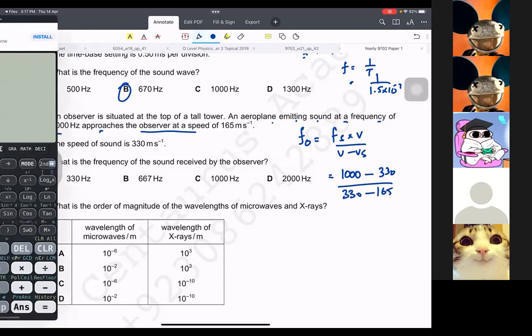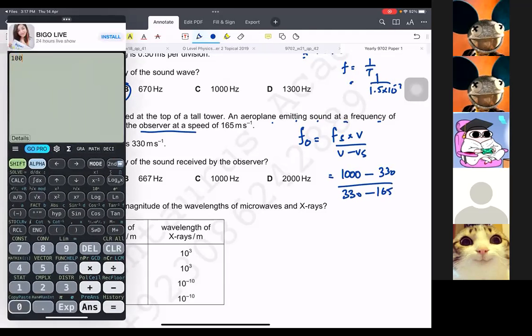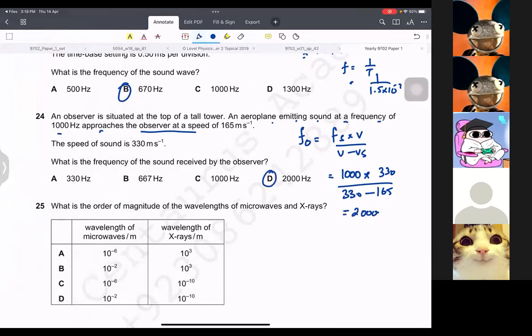What is the frequency received? Okay, 1000 minus 330 divided by... No, why are you subtracting it? Oh my God, sorry, my bad. 330 minus 165. It has to be 2000 then. D. Right, that's a lot of difference.